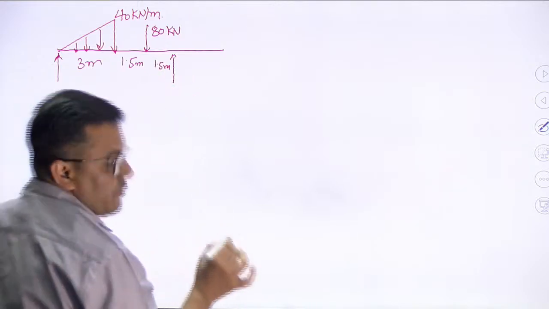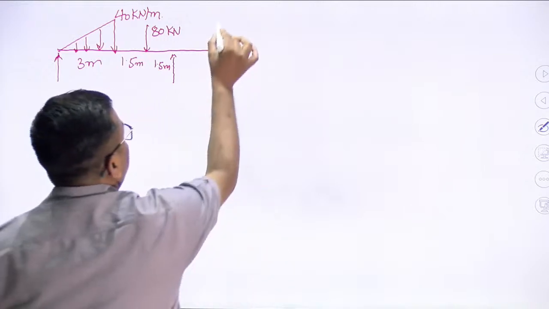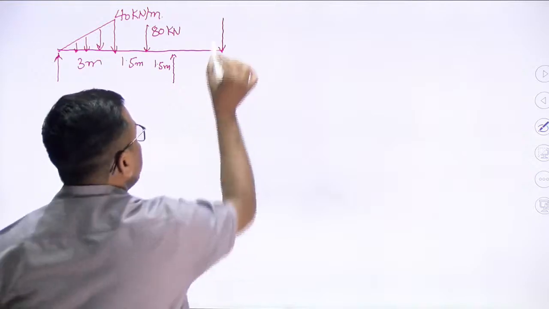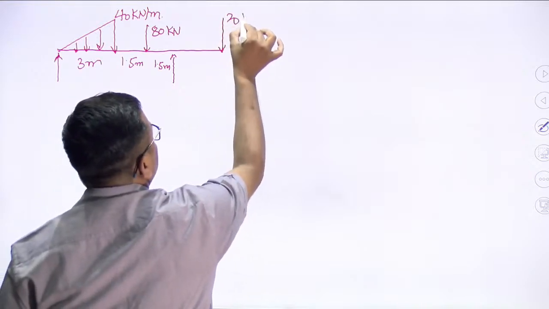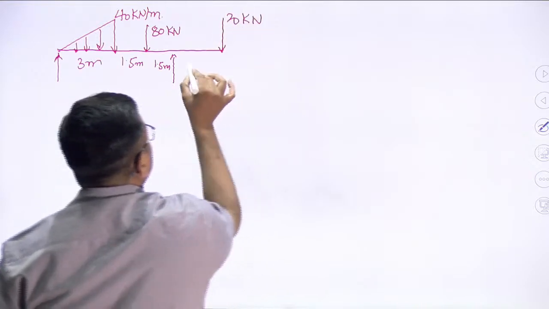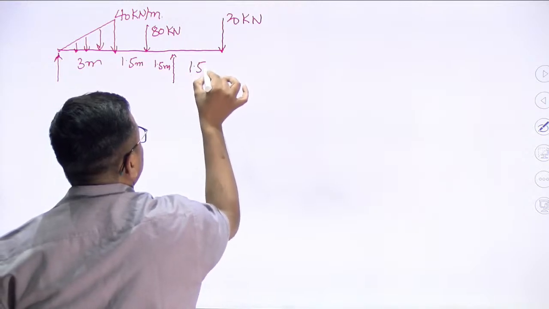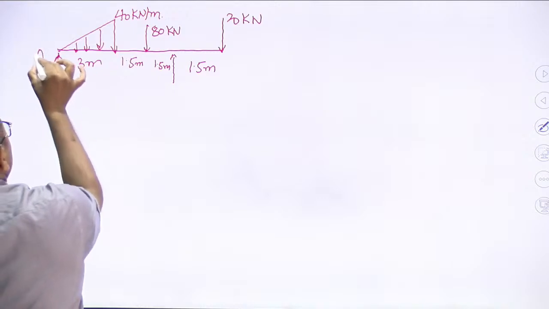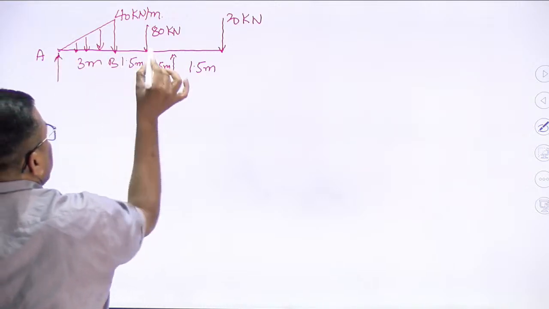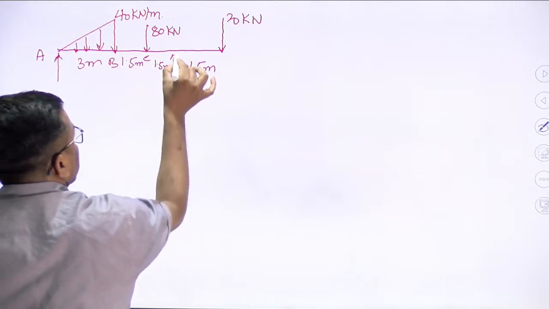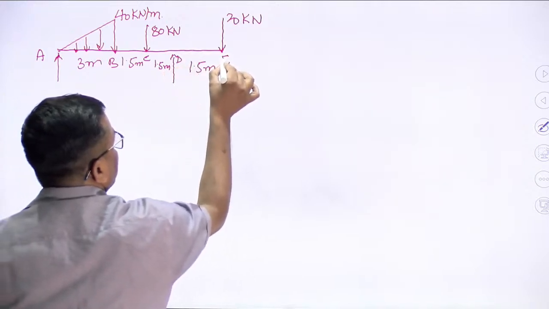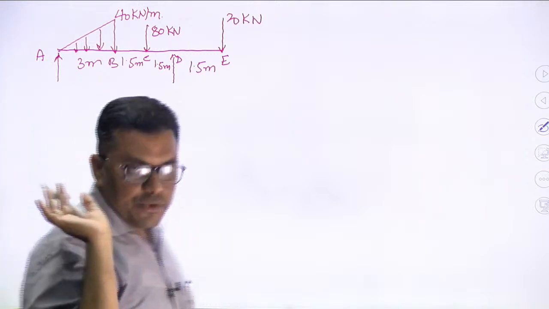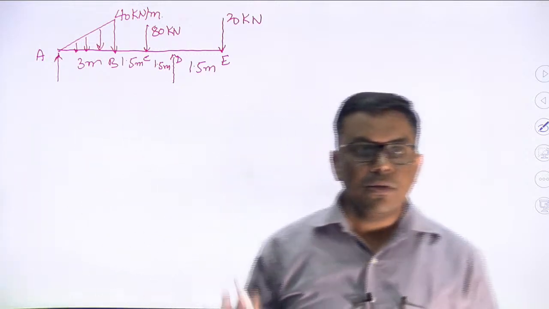I hope the things are visible, and at the end of this the load is 20 kilonewton, and this distance is also 1.5 meters. Let me give names to these points: A, B, this is C, this is D, and this point is E.